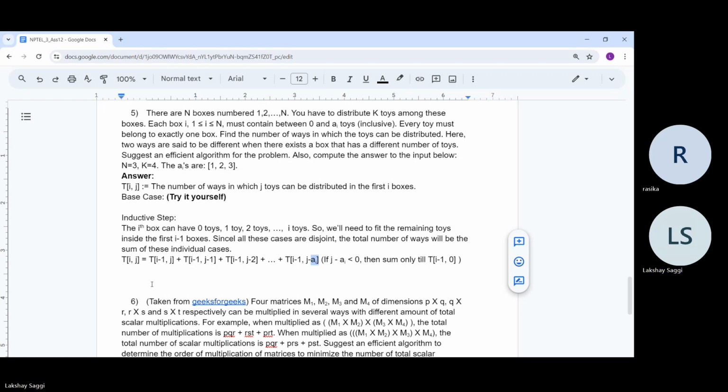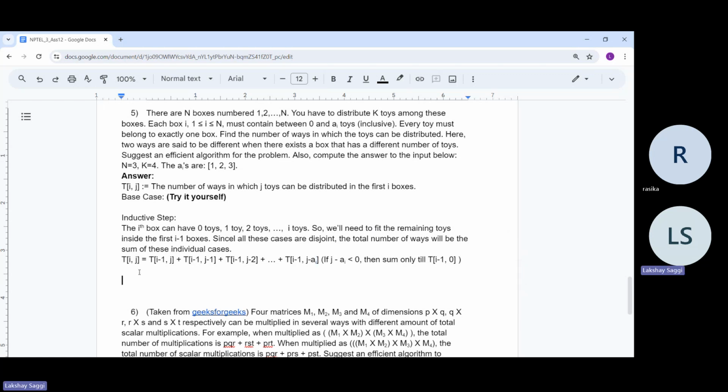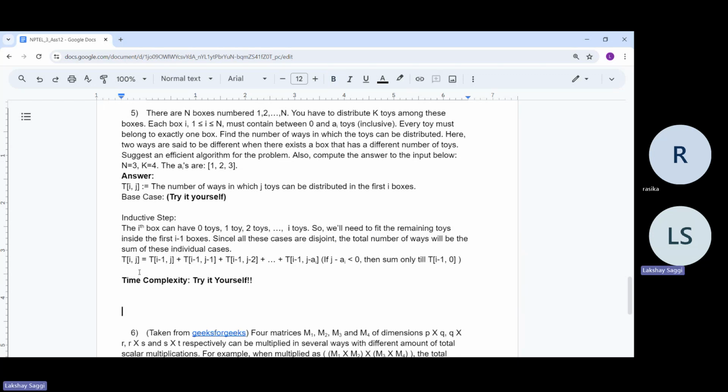So that's why its complexity will be something like n k ai. I've already given the hint, but just do it yourself. And this is the algorithm which we'll be using to find out the values.